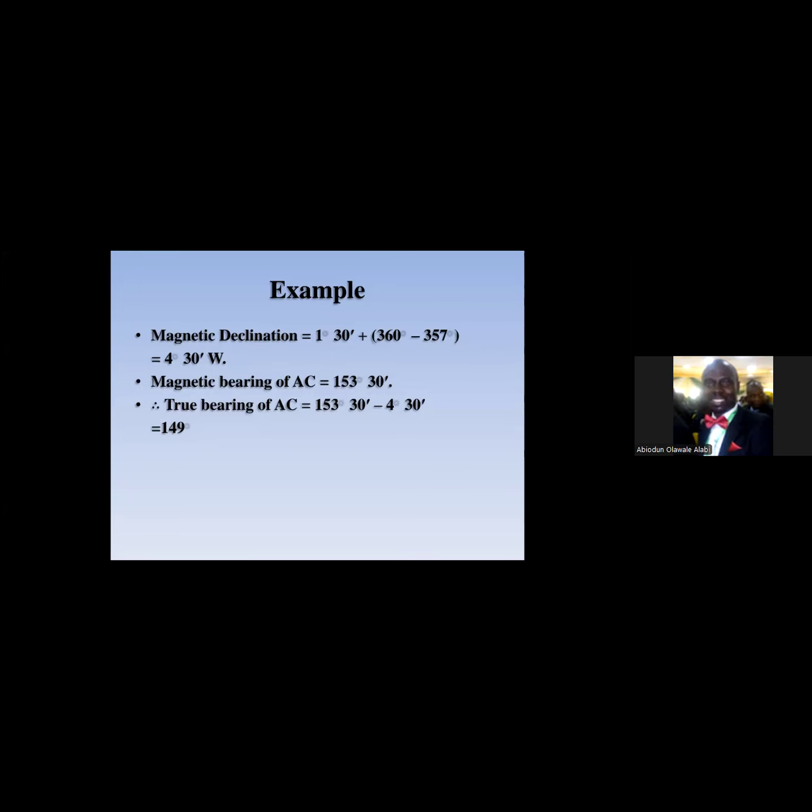Now, if I sketch a true north direction and I take the true bearing, which is 357, and I sketch it, you see that the direction will fall on the west side of the true north.